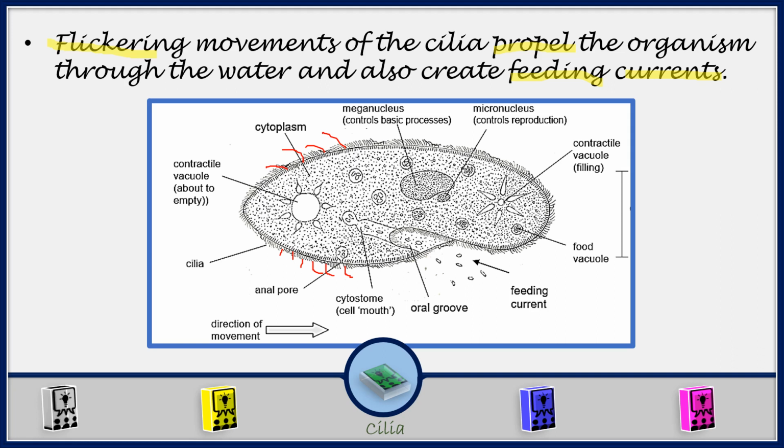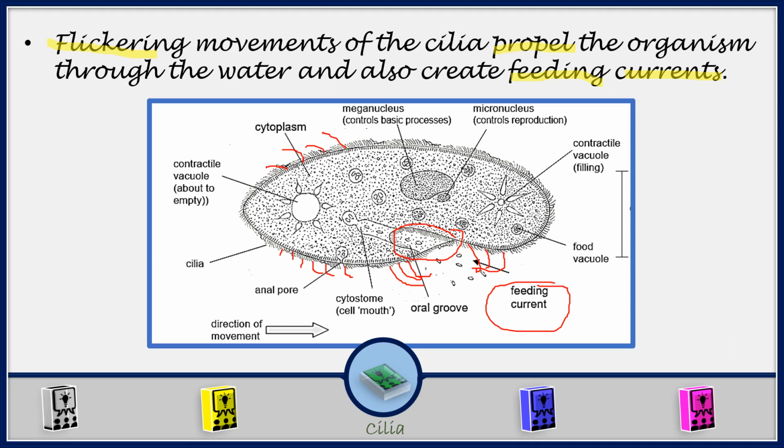And those frequent movements of the cilia also are used in creating a feeding current. They can create a feeding current whereby they will be drawing the food material particles into the oral groove, which is moving towards the mouth, or what we call the cytosome. So that is the work of the cilia.